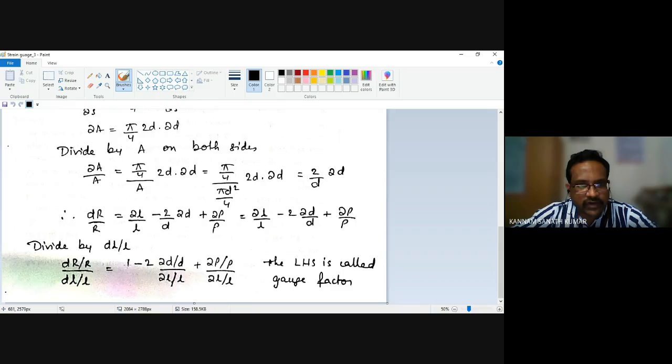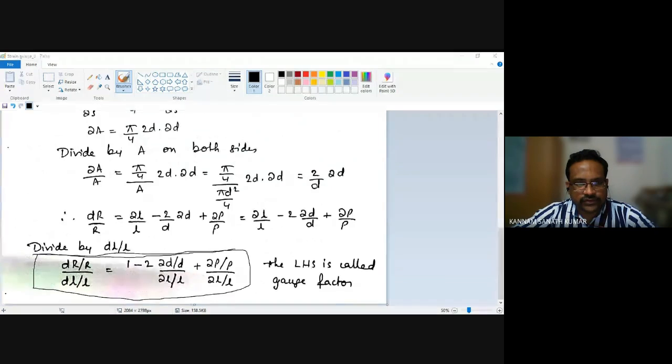You are getting 1 minus 2 dou D by D by dou L by L, plus dou rho by rho by dou L by L. So this is the equation for the gauge factor. This is how you can find out the gauge factor for the strain gauge.